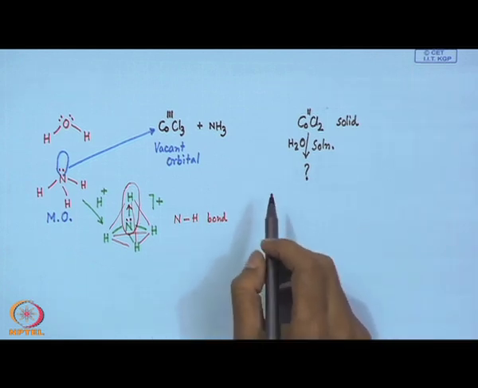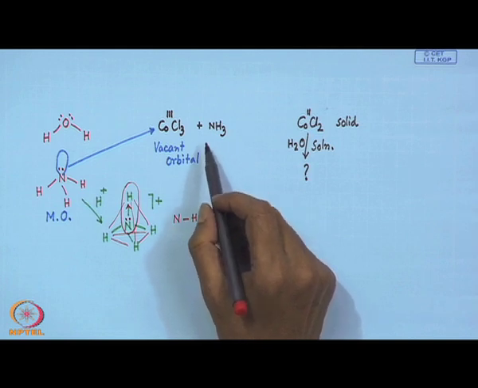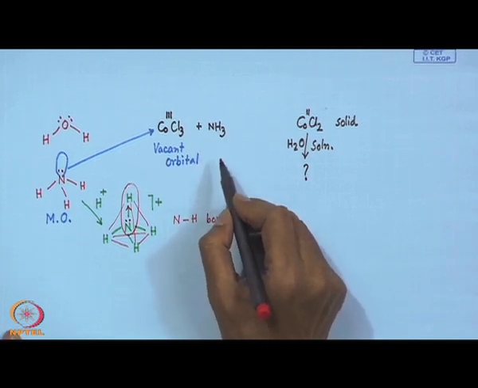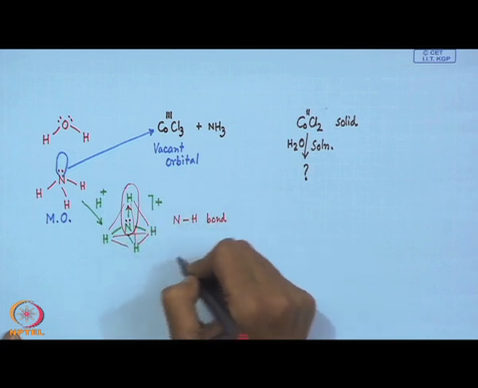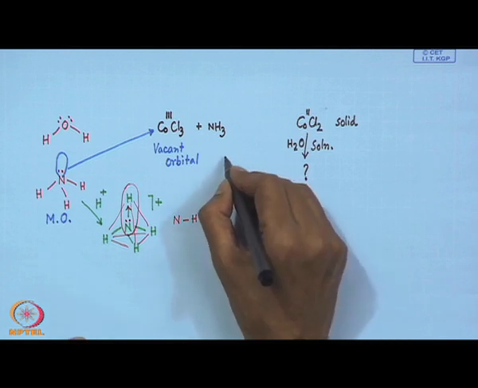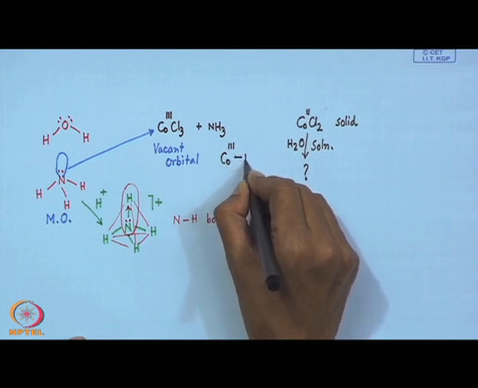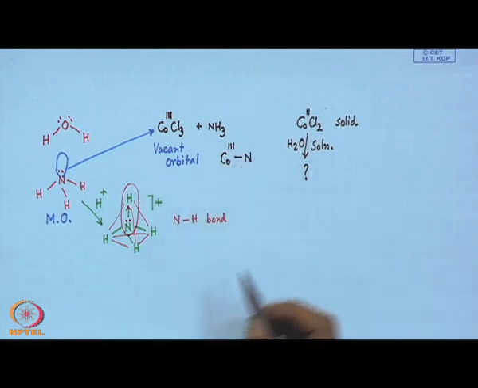If we extend this very simple idea to the reaction of cobalt chloride with ammonia, the same type of reaction can also take place when cobalt chloride reacts with the ammonia molecule. And we see that this particular cobalt, the trivalent cobalt, is then forming a new bond, which is our cobalt nitrogen bond.